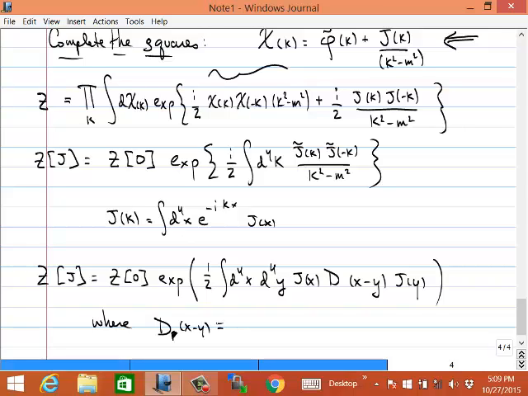Well, it's the integral d4k of e to the i k (x minus y), just plugging in, coming from this integral d4k of e to the i k (x minus y), the e to the i k (x minus y) coming from these two phase factors here, times i over k squared minus m squared.